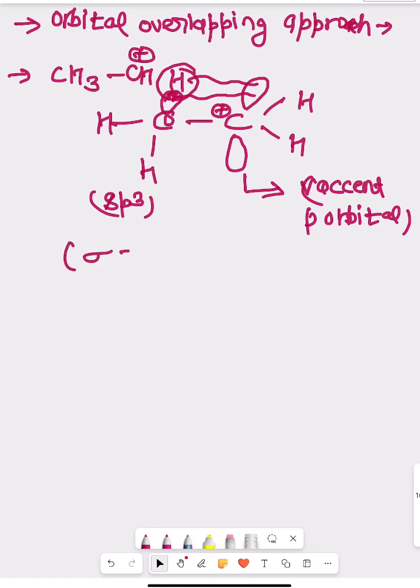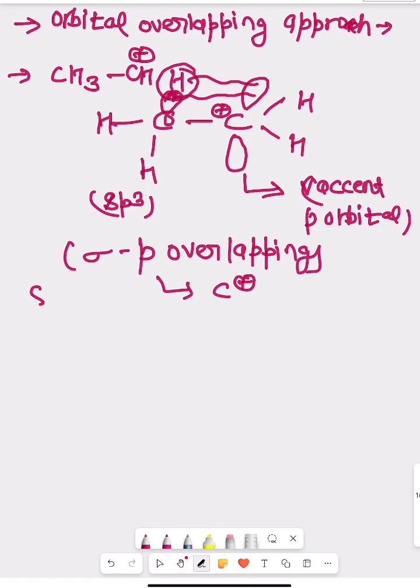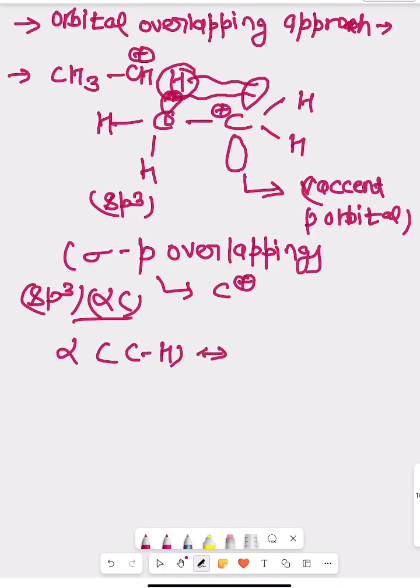Now here sigma-p overlapping is taking place: the vacant p orbital of the carbocation and the sigma bond of the sp3 hybridized alpha carbon atom. Hope you understand. The sigma of the sp3 hybridized carbon atom overlaps with the vacant p orbital.